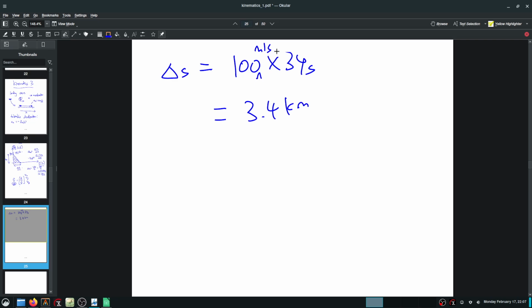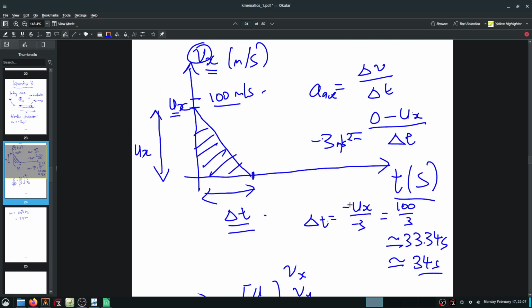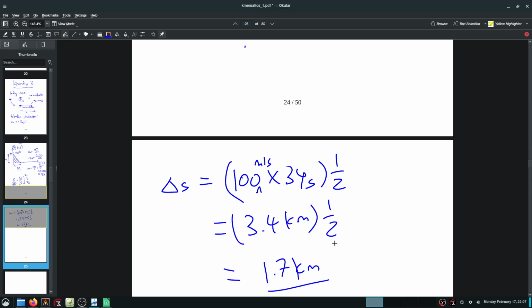Always want to write units as far as possible. And what did I forget? I forgot to times half. Half base times height. So 1.7 kilometers. It's a decent estimate for a runway.